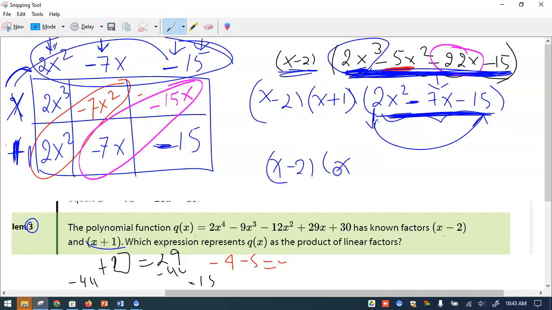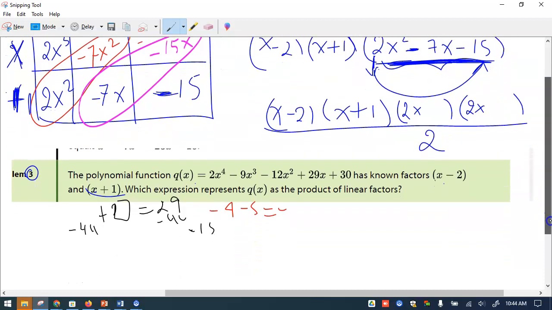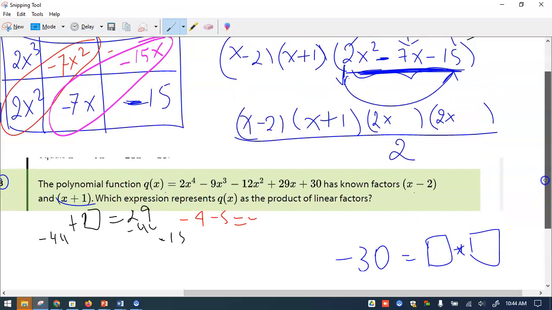Use the shortcut trick, x plus 1, and because it is 2x, put a 2x right here, put a 2x right here, and then divide by 2. And then this 2 multiplied by 15 will be minus 30. So you have to have two numbers, one positive, the other negative, in such a way that they multiply to get minus 30. And at the same time, you need to get minus 7.